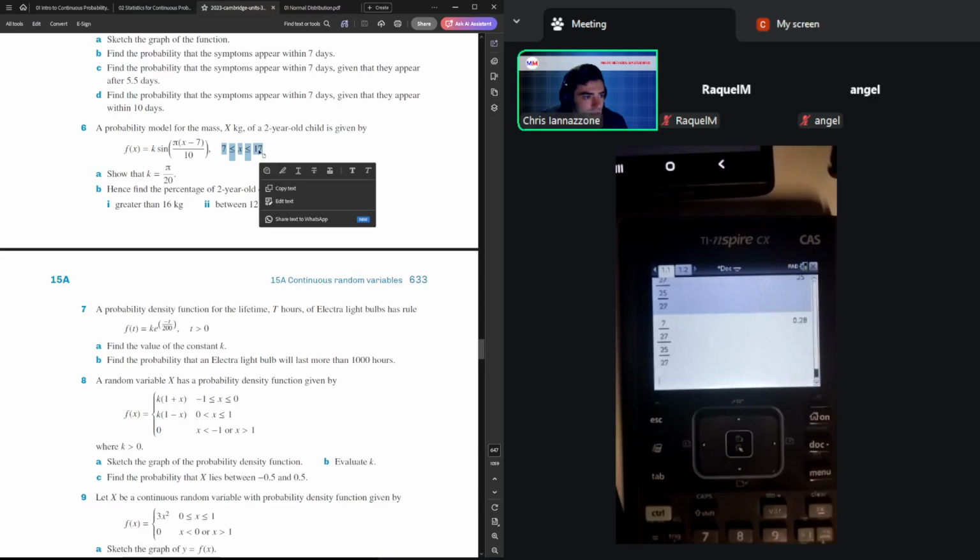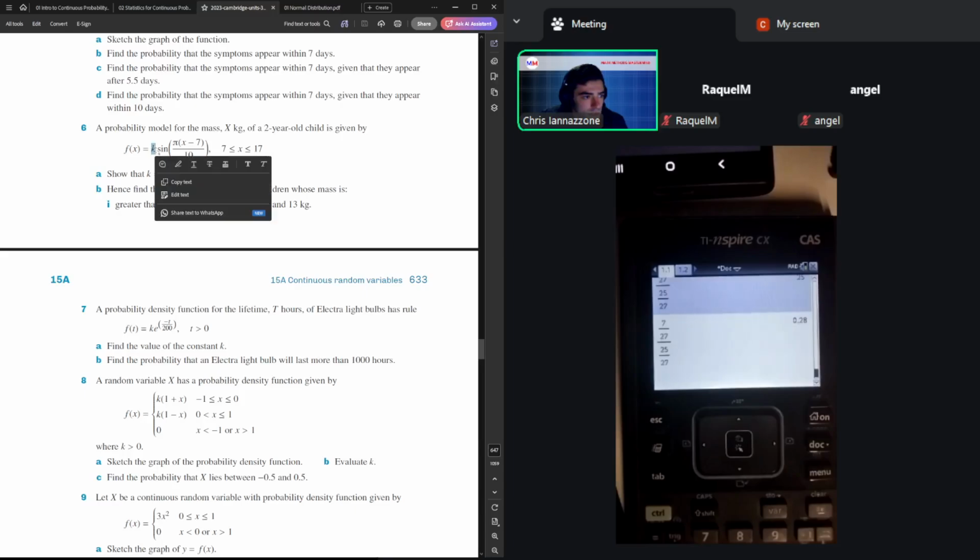It's from 7 to 17. Show that k is pi on 20. Again, whenever it's basically proving a coefficient, we're always forcing the integral of the function to be 1. So that's how you would do part A. Hence find the percentage of 2-year-old children whose mass is greater than 16, so that would be 16 to 17 for your integral, or between 12 and 13, in which case your integral is from 12 to 13.